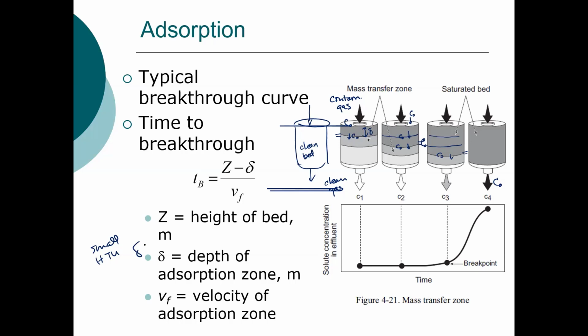And that depth will vary for each of the contaminants. So for instance, I know a number of you in 495 are designing adsorption columns for removal of PFAS chemicals. It's actually aqueous, but it's the same theory.